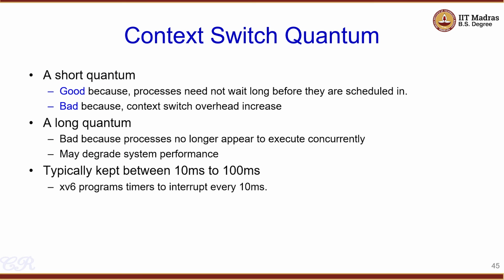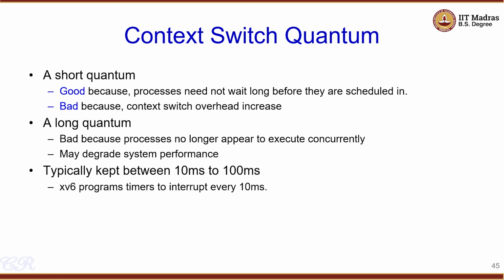So how do you set the right amount of time for a context switch quantum, right? In other words, a process runs for some amount of time, which we call a time slice. And how do we set this particular time?